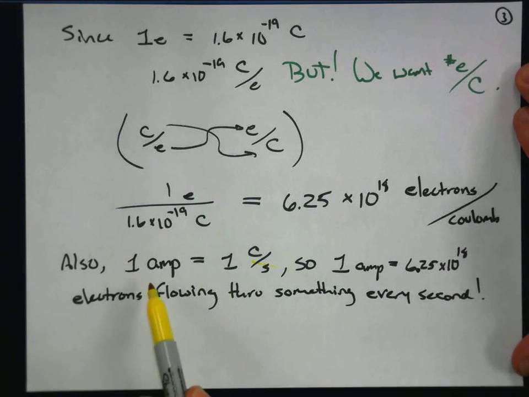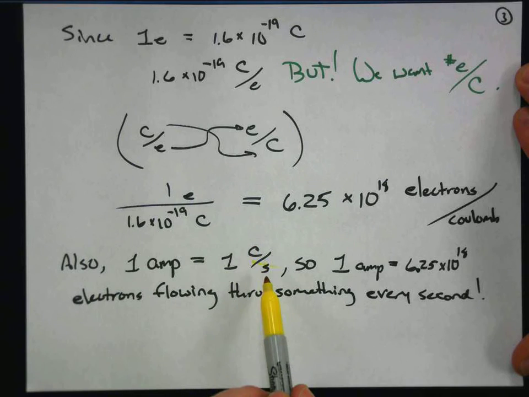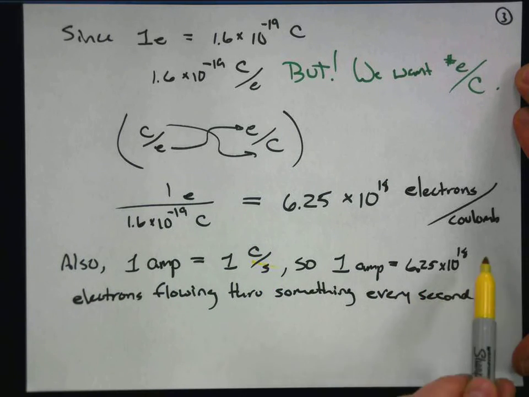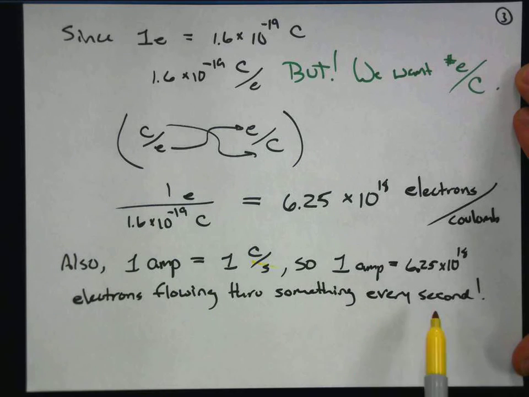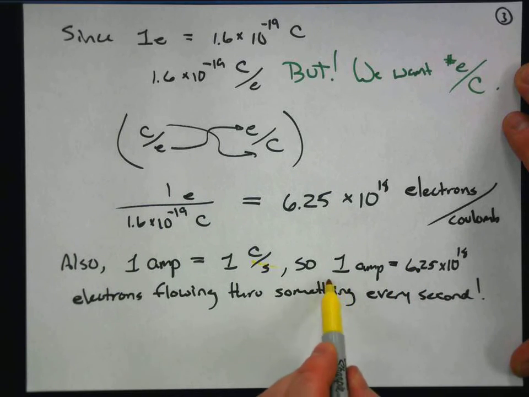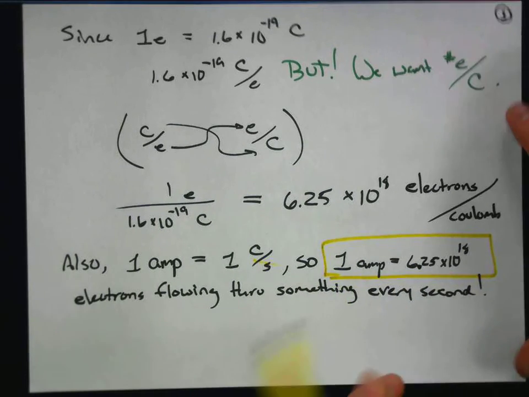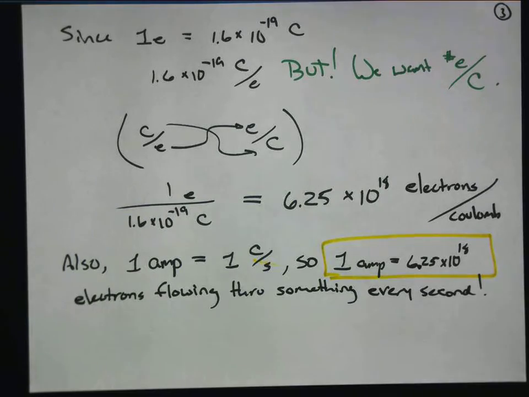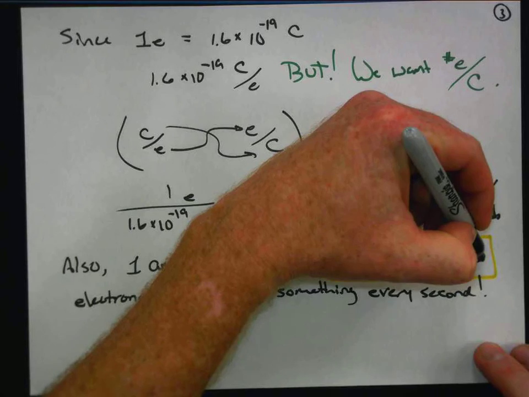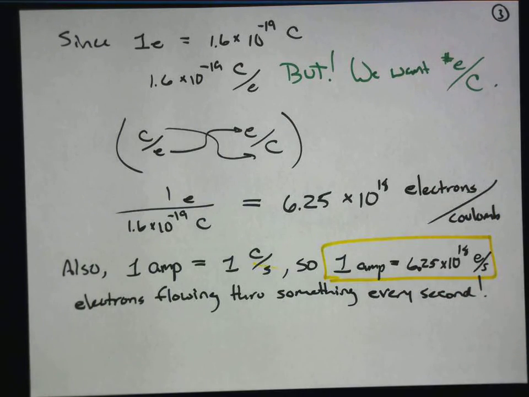So since 1 amp is 1 coulomb per second, we can say that 1 amp is also 6.25 times 10 to the 18 electrons per second. That's what we're saying. Yeah, this number right here, 1 amp of current of moving electrons. So this is electrons per second. Now, it's not a number I need you to memorize.